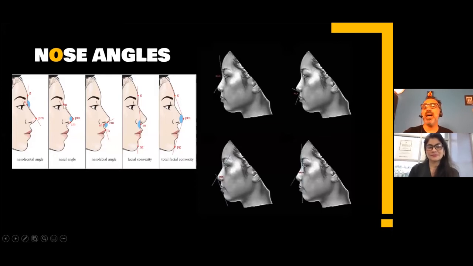In the nasal angle, the tip of the nose is key. In the nasolabial angle, the tip of the nose is key. In the facial convexity angle, the frontomentonian angle, this is the only angle where the tip of the nose is not quite important.